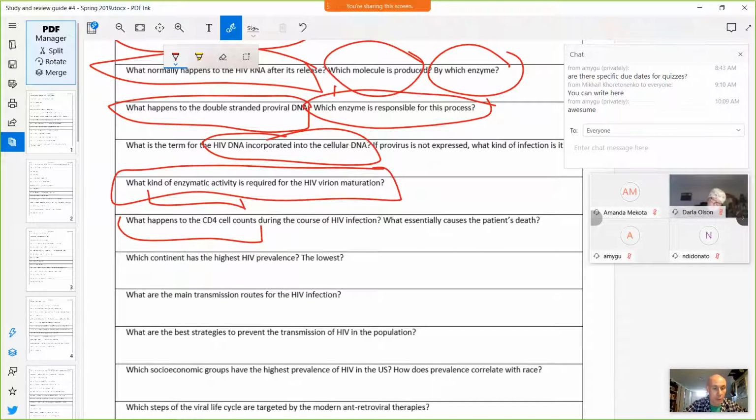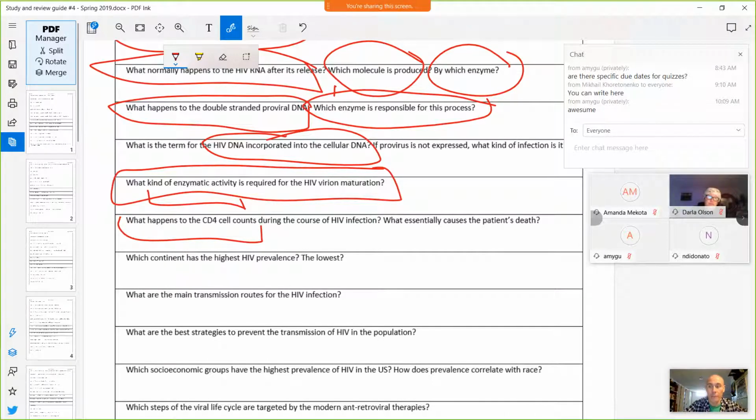The continent that has the highest HIV prevalence: Africa. The lowest, surprisingly, the Arabian Peninsula. Main transmission routes. When I say main, I don't know if you've listened to the lecture, I give some pretty wild examples. Like HIV, there were recorded cases of transmission during kissing, but it was violent kissing that involved, I guess, a lot of biting.